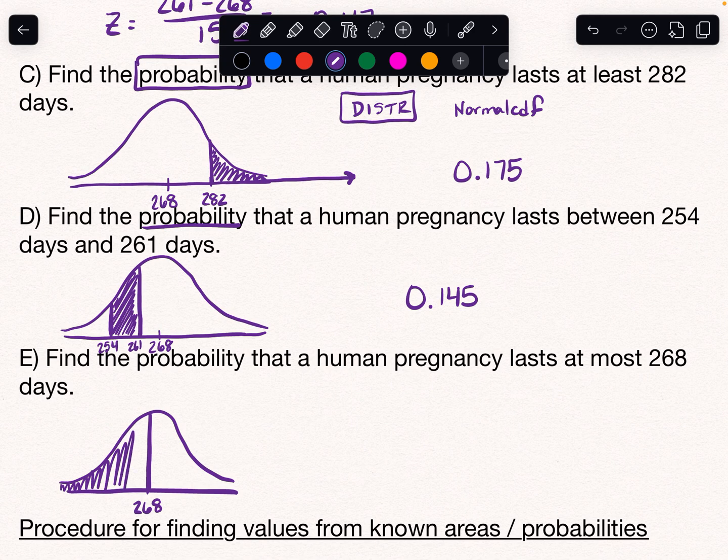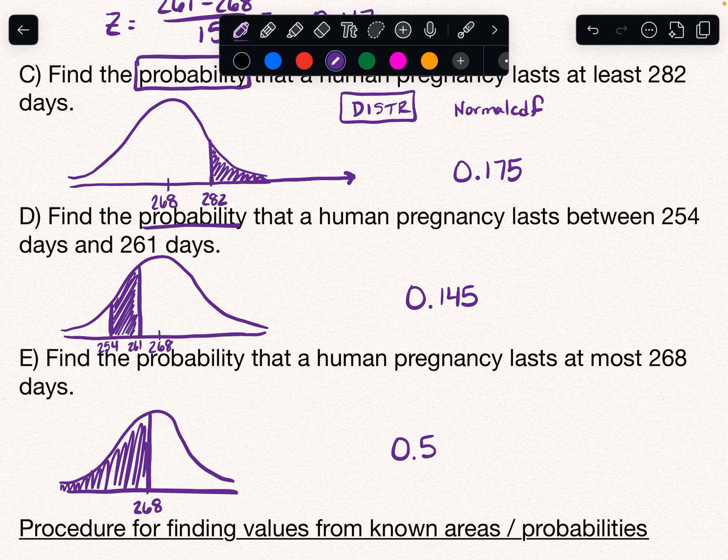So this is my shaded region. Technically, I shouldn't need to use my graphing calculator because it's a normal distribution. I know 268 is exactly in the middle of it. So from my graph, I am shading exactly half of this. So my probability should be 0.5. You could type it in your calculator if you want to. You should get out 0.5.